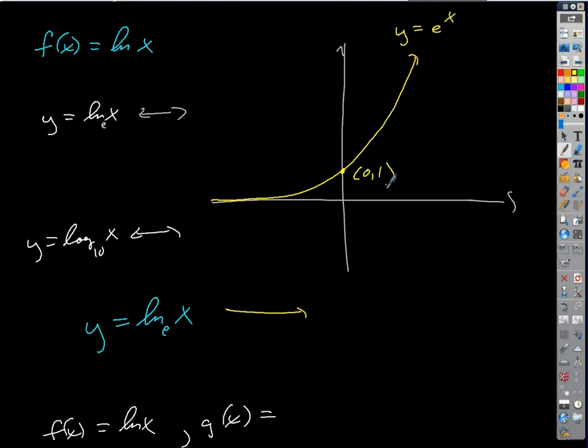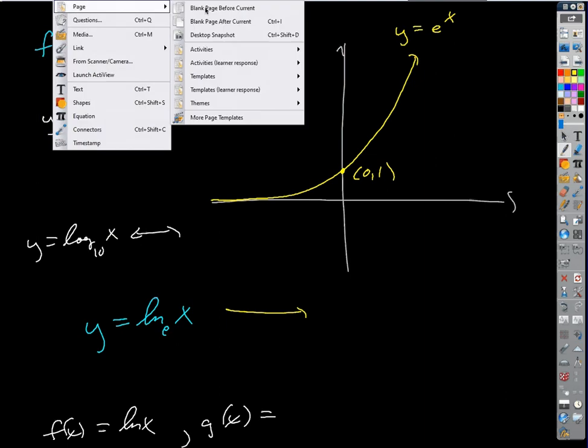Why do I draw that? Well, let's go back and talk about our inverses a little bit. What's going to be the inverse of e to the x? We've got y equals e to the x, and we want to come up with the inverse.